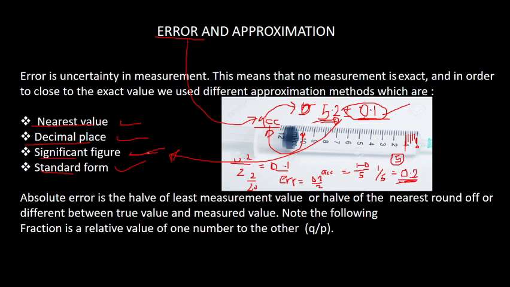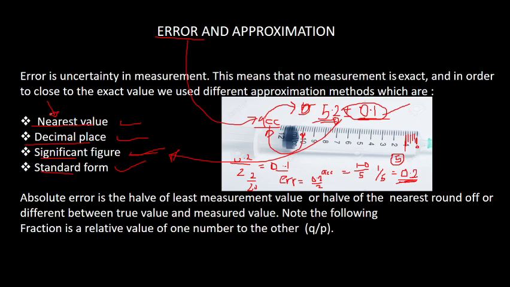Normally, errors are defined according to each of these approximations. So before you take note of your error, look at the type of approximation that you have. Are you getting me?